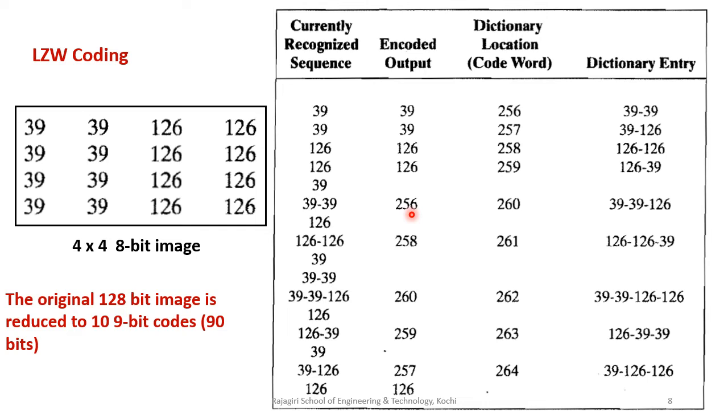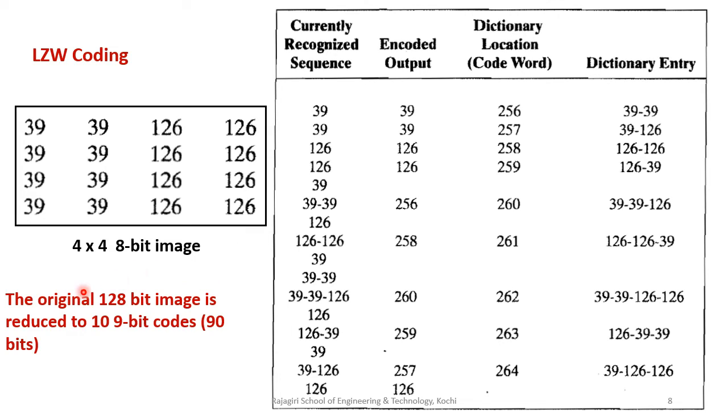But at the same time, the encoder realizes that the sequence 39 39 126 is an unrecognized sequence, so it is added as a new entry in the dictionary at the next location, which is 260. In this manner, you can encode all the pixels of this image.